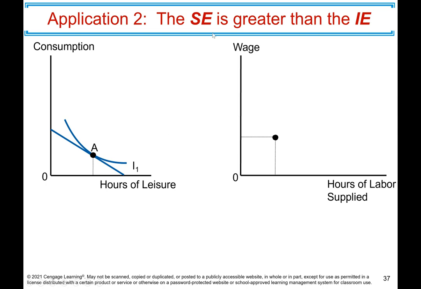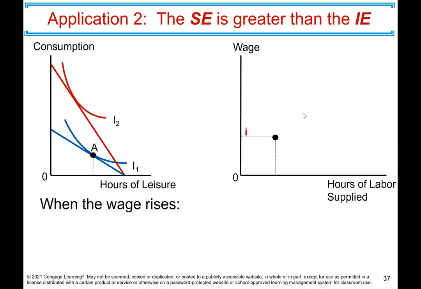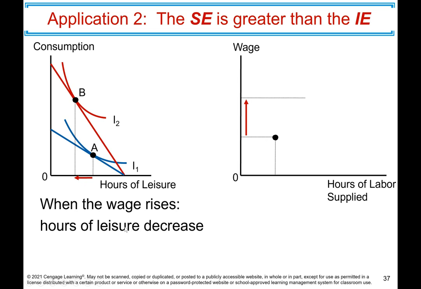The substitution effect is greater than the income effect. What is the result? When the wage rate rises, hours of leisure decrease.